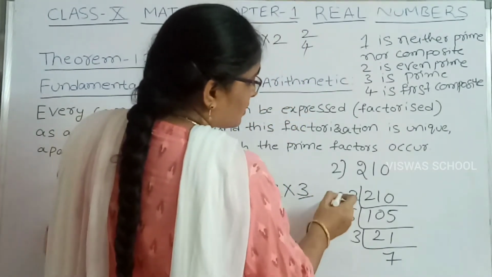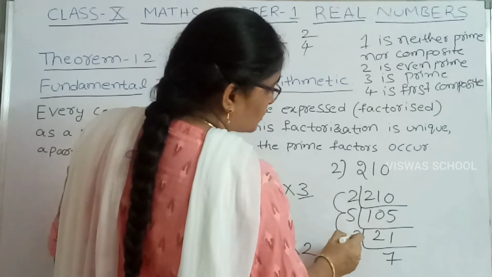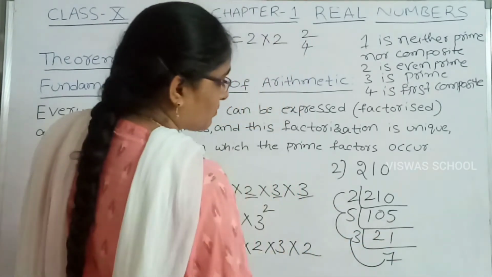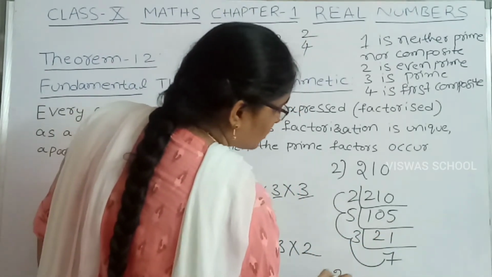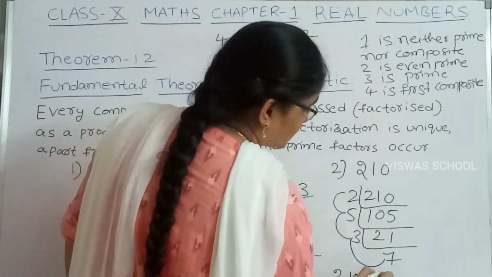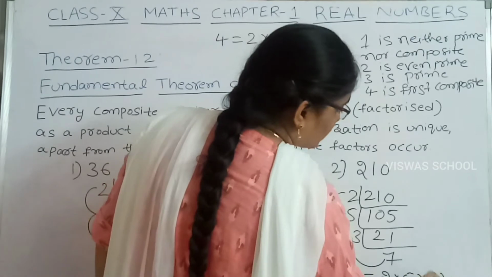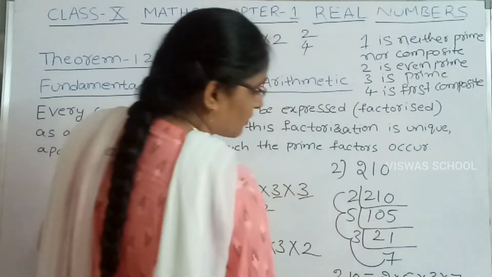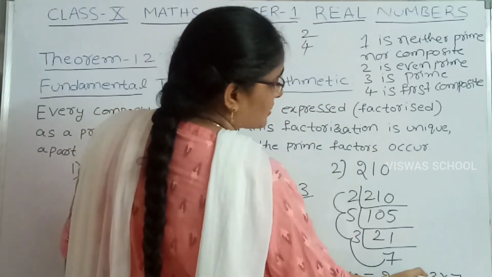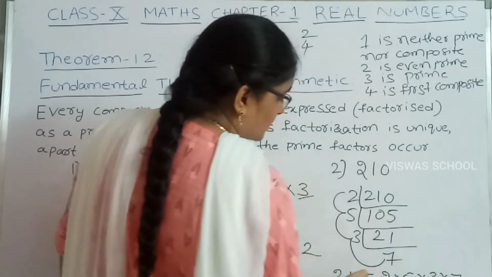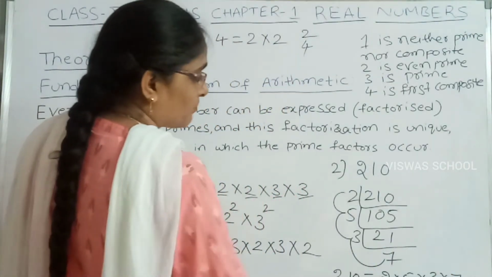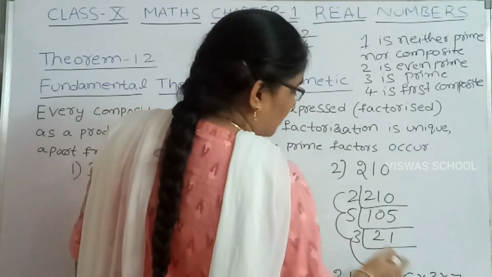That is 2 into 5 into 3 into 7. Here 210 is expressed as 2 into 5 into 3 into 7. 2 5s are 10, 10 3s are 30, 30 into 7 equals 210. These are the product of prime numbers.